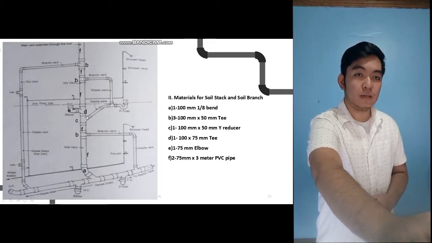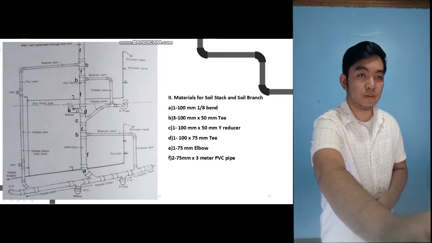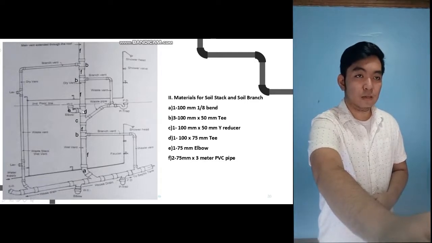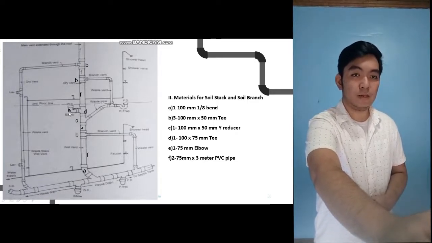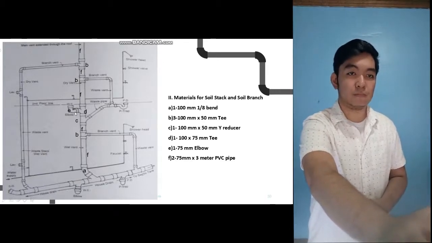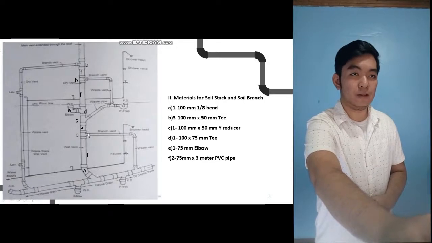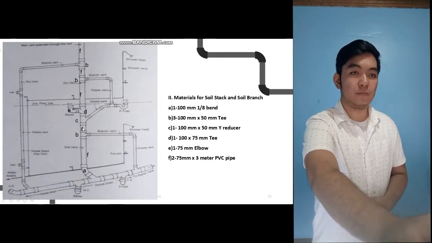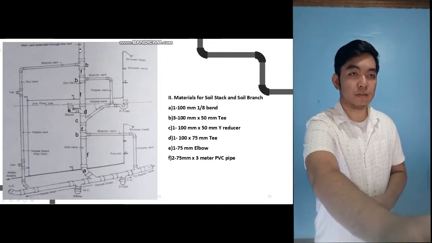D, kaning T gyapon siya pero 100 by 75 mm siya. Letter E kani elbow, kaning isa ka buok na 75 mm elbow, and kaning F na PVC pipe na 75 mm by 3 meters kaning F.